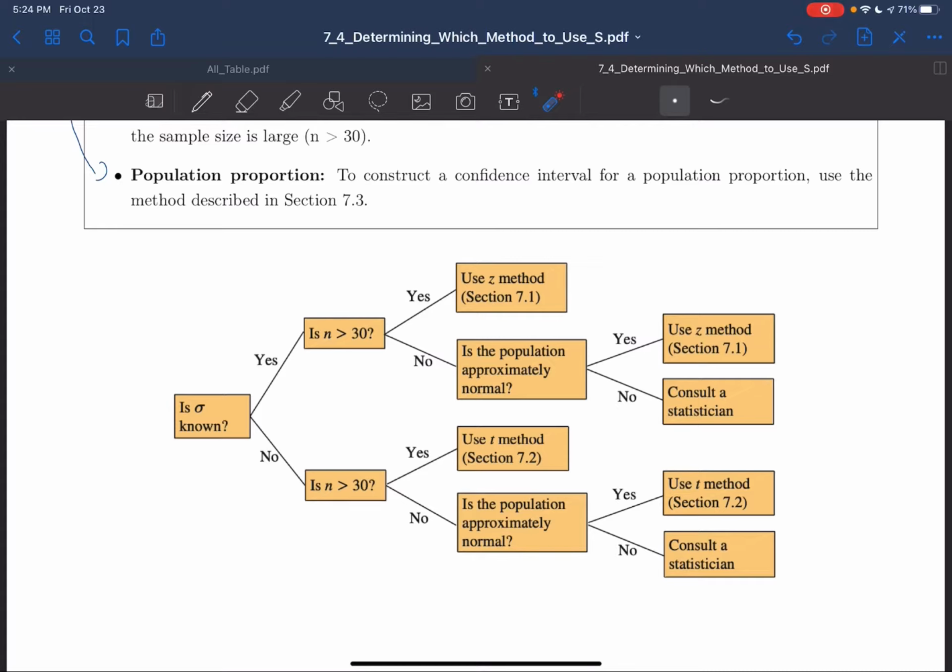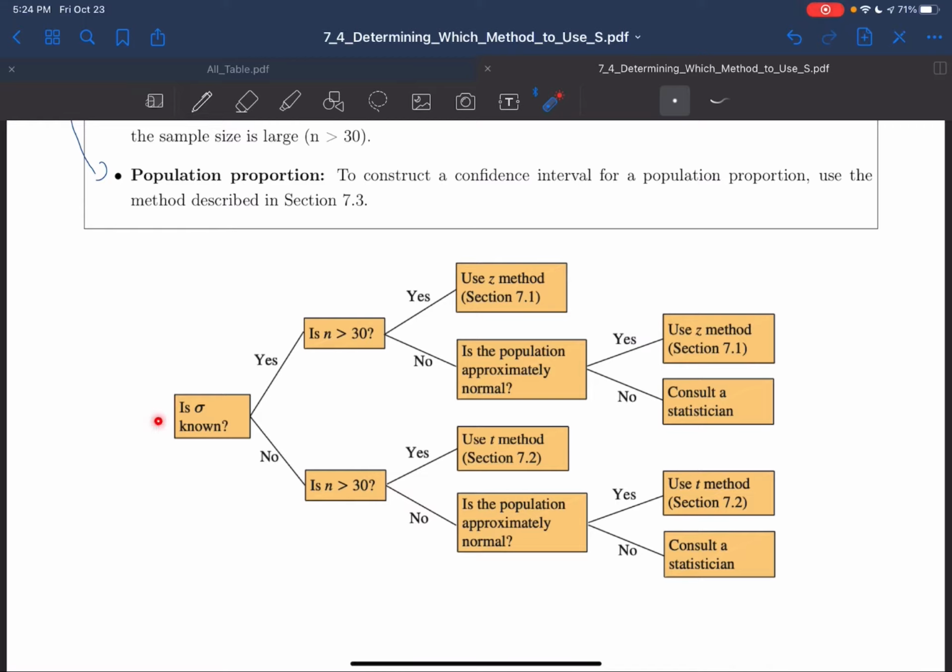But what happens if your sample size is not greater than 30? Then you want to ask yourself: is the population approximately normal? If it is, then yeah, you could use the Z method. But if it's not, then you have to talk to a statistician, and there are other methods we have to use, which are a lot harder than what we're going to talk about this whole semester. Or you could just say it's not possible.